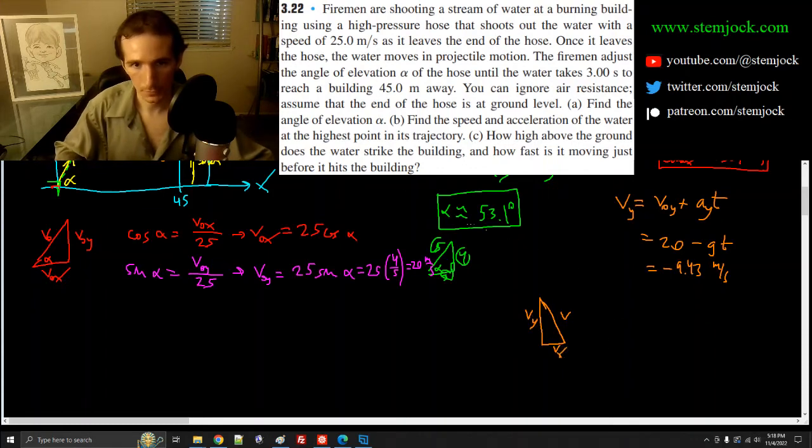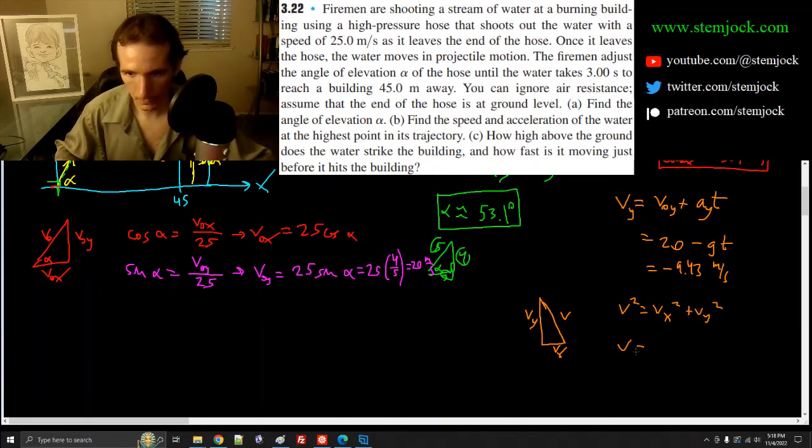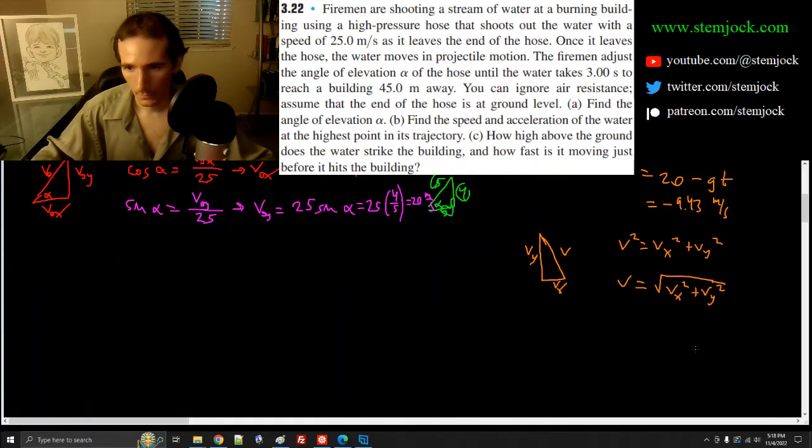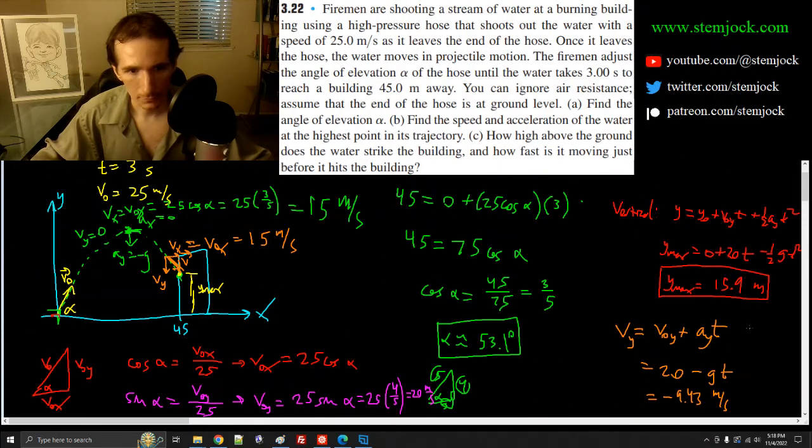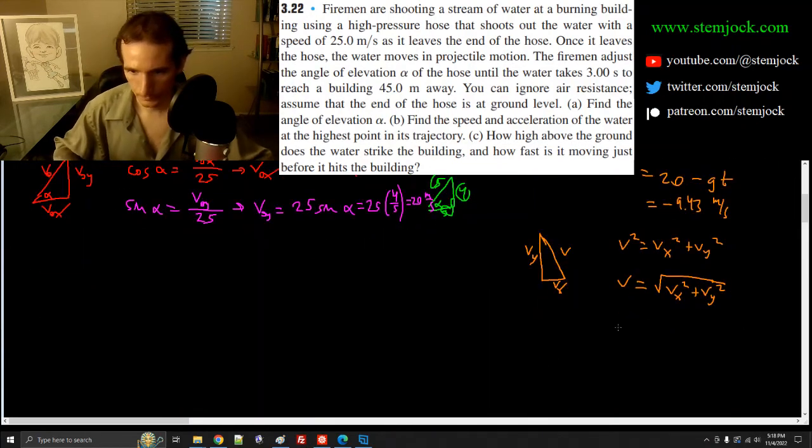So using the Pythagorean theorem, V squared equals Vx squared plus Vy squared. And so V equals the square root of Vx squared plus Vy squared. Vx, that was 15. Squared plus negative 9.43 squared. Oh, and this is approximate here.